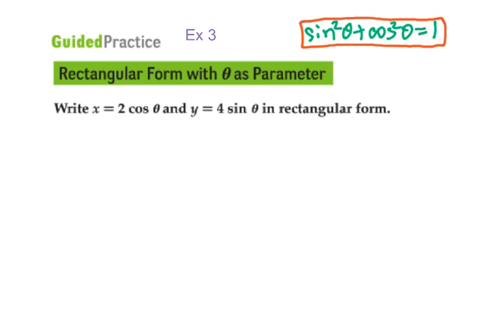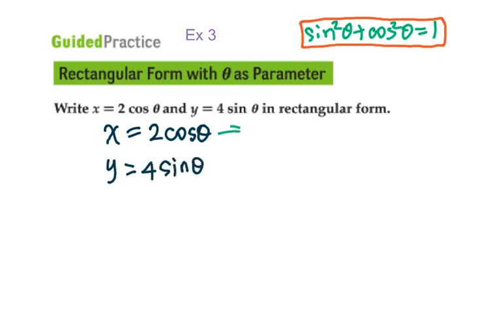So for x equals 2 cosine theta, y equals 4 sine theta, you will change the first one into x over 2 equals cosine theta. And the second equation, we write down y over 4 equals sine theta.